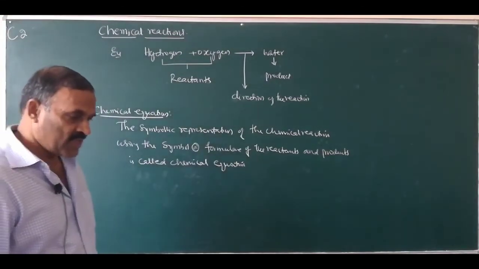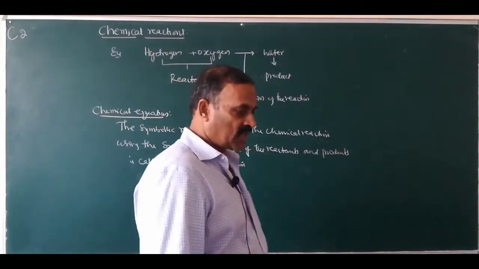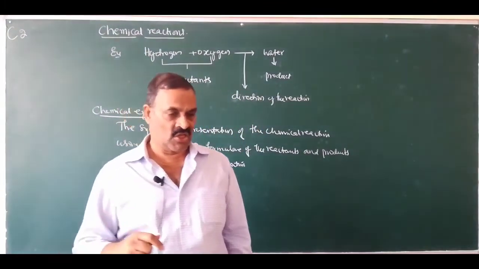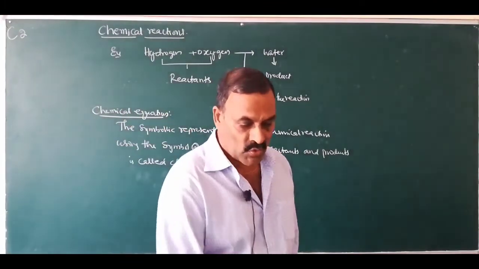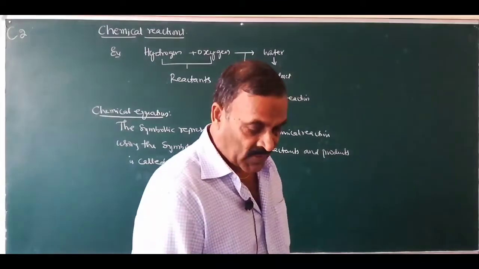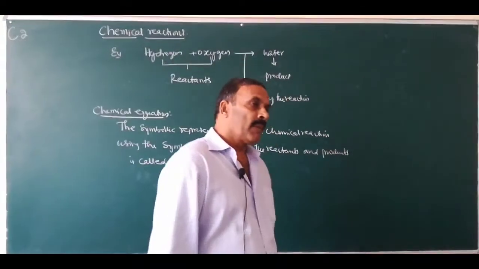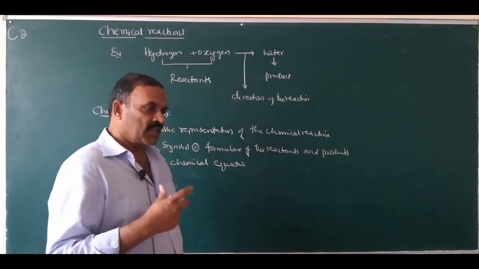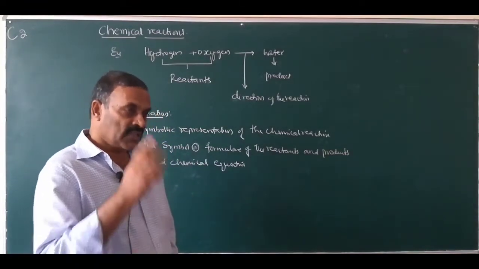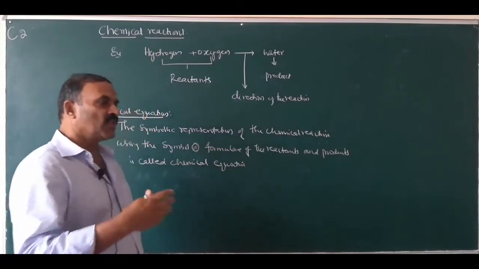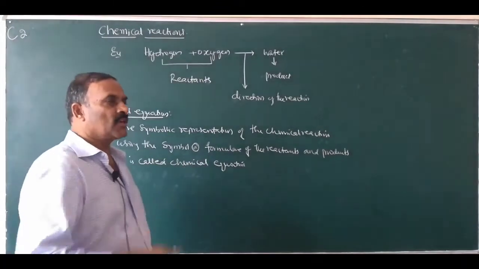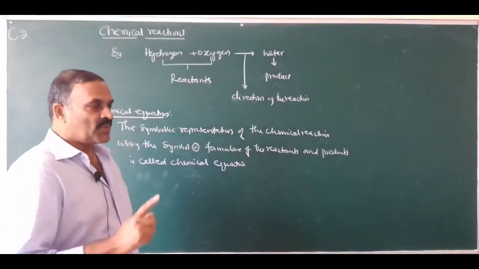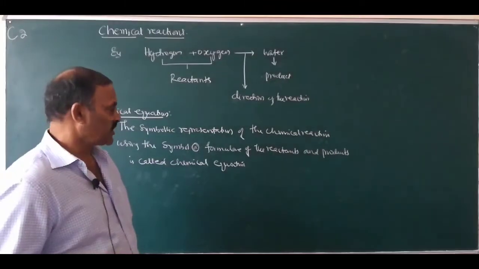Being chemists, we are very much interested in the chemical reactions that take place when two or more substances interact. These chemical reactions are represented in the form of symbols and formulae of the reactants and products. The equation thus obtained is called a chemical equation.